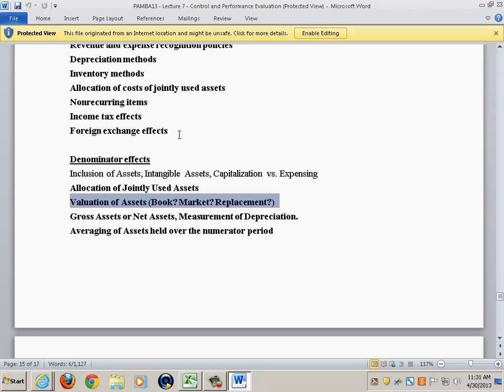It's an important factor in the denominator, and of course it's always an important factor in the numerator, because depreciation is an expense and it figures in the calculation of profits or earnings as revenues minus expenses.